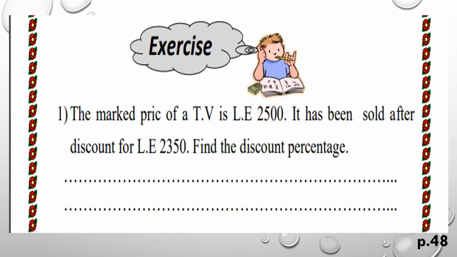Page 48, number 1. The market price of a TV is LE 2500, so this is before discount. It has been sold after discount for LE 2350, so this is after discount. And here is our keyword, which is discount. Find the discount percentage. We want to find the discount percentage.